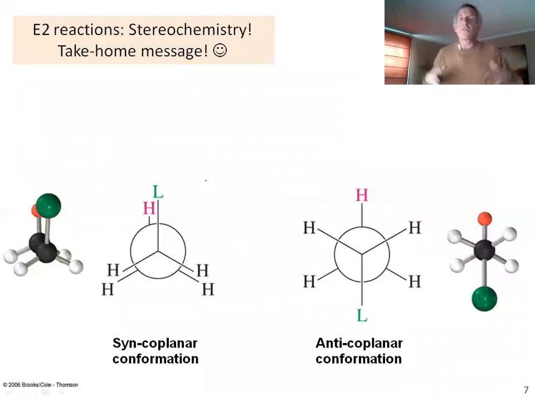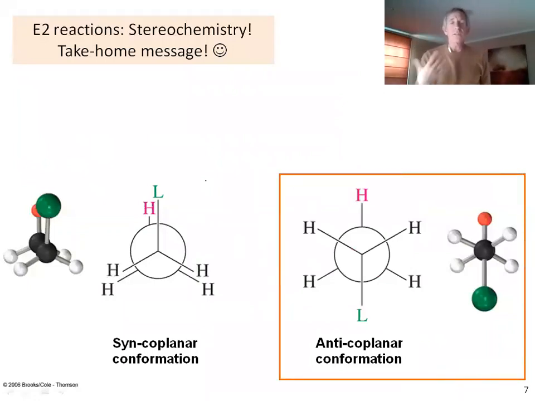Here's a little overview, kind of a take-home message. I wanted to show you the syn coplanar conformation in eclipse and compare it to the staggered coplanar anti conformation, just to give you a sense of why this one is so much more preferred. This is what every E2 elimination is going to try to do.